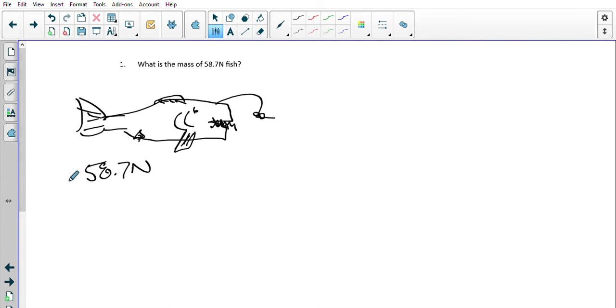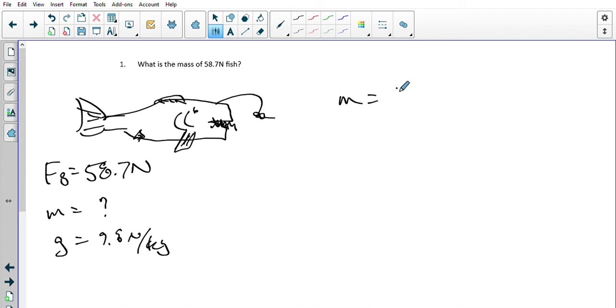What's the unit? Newtons. Oh, that's our force of gravity. What is the mass? Mass is what we're looking for. So we need to know g, which is equal to 9.8 newtons per kilogram. So our mass is equal to our force of gravity over g. How did we get that? m, g, F of g.